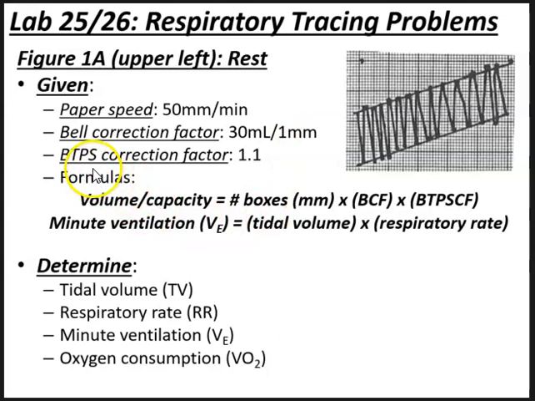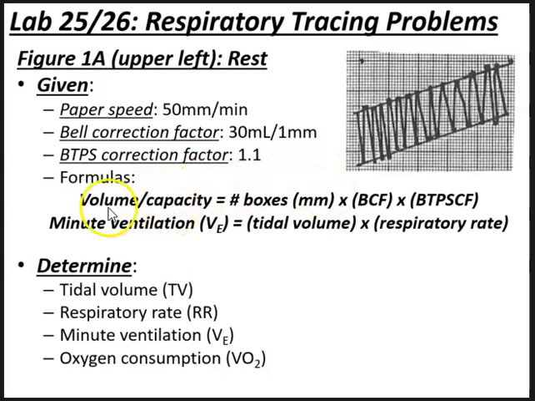We have our BTPS correction factor of 1.1, and this is the formula that we will use for volume or capacity. We get the number of boxes in millimeters, multiply by the Bell correction factor, which is 30 milliliters per 1 millimeter, and then we put in the BTPS correction factor. Luckily, there are no units for it, so we just use the number 1.1.